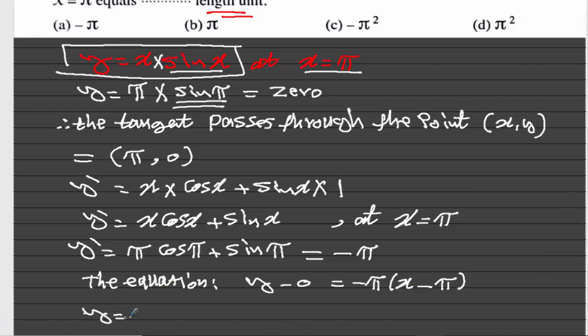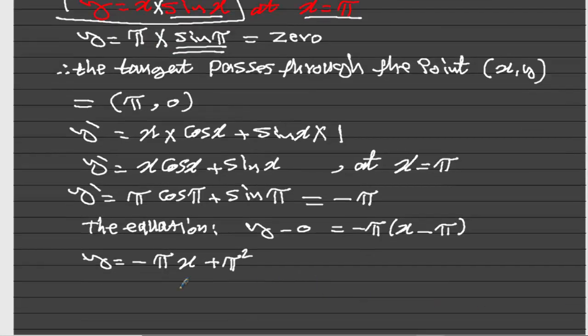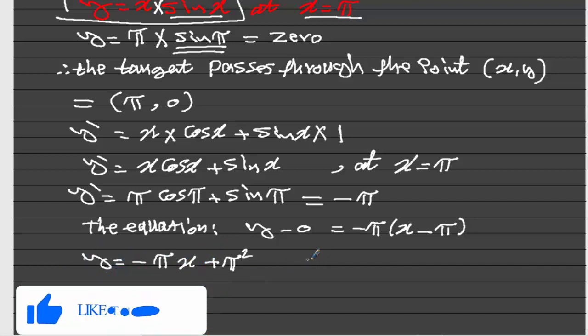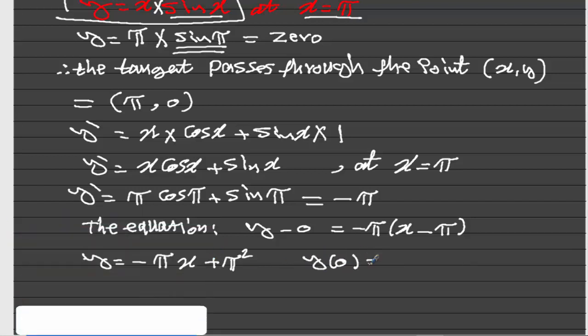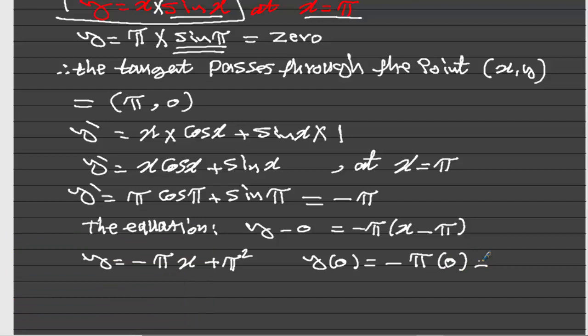So y equals negative pi x plus pi power 2, as negative pi multiply negative pi equals pi power 2. And to get the intercepted part from the y-axis, put x equals 0. So when x equals 0, y equals negative pi multiply 0 plus pi square. So y equals pi power 2. And we choose letter D.